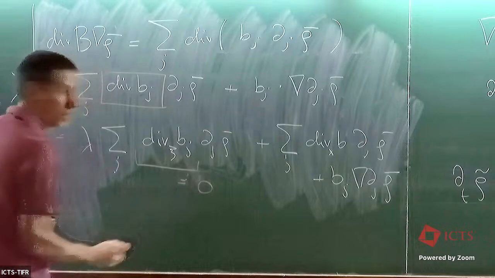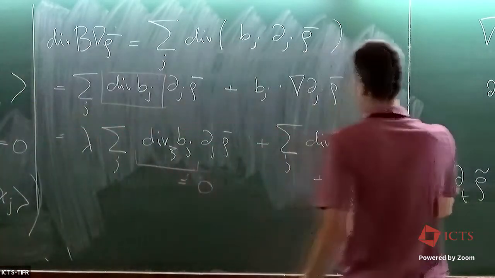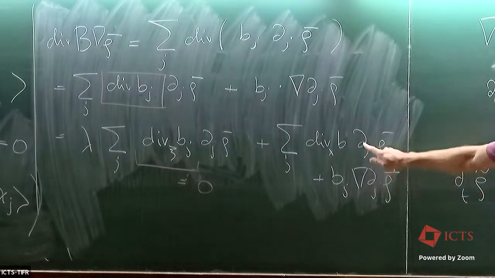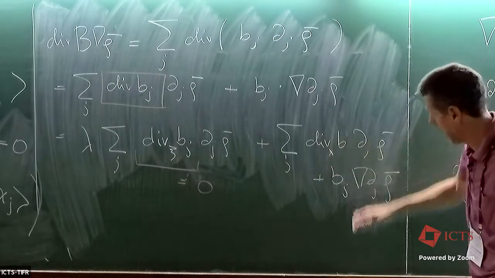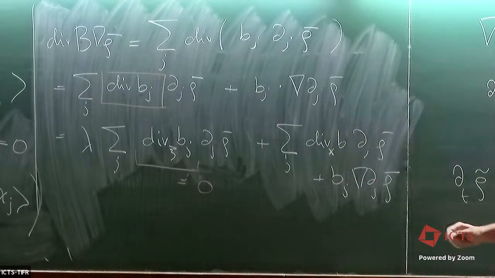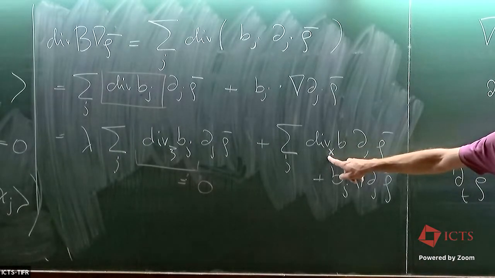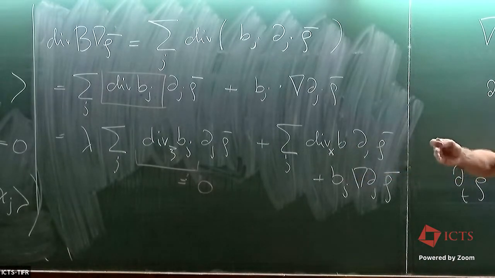Sorry? Here? This one? Oh, divergence in x. This is an x. So here I'm thinking of partial derivatives, so not writing psi equals lambda x.